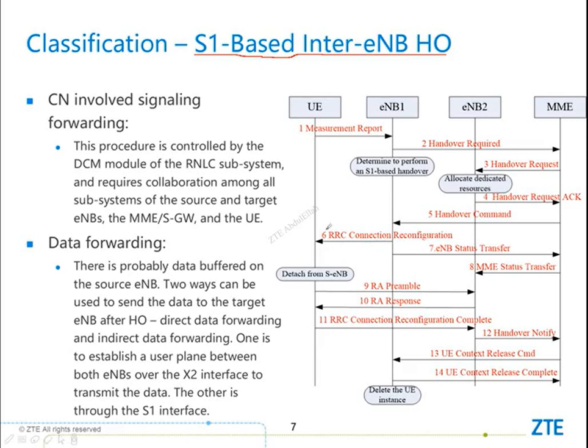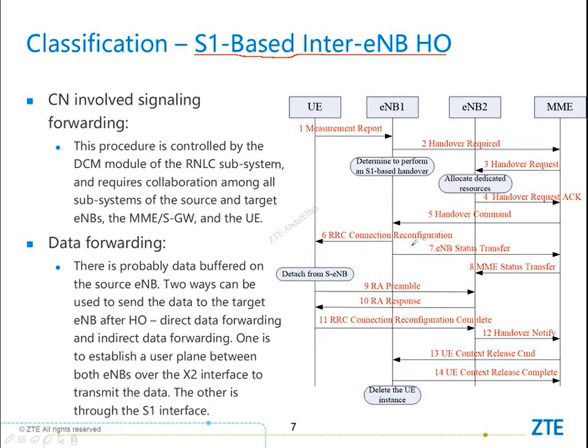After the UE receives RRC connection reconfiguration, the same, the UE will do the random access, trying to access the new eNodeB. And the same, the eNodeB 1 will send some SN status to the eNodeB 2.